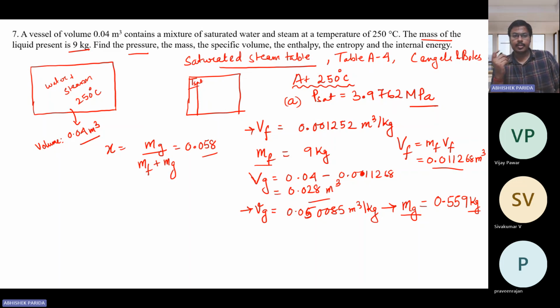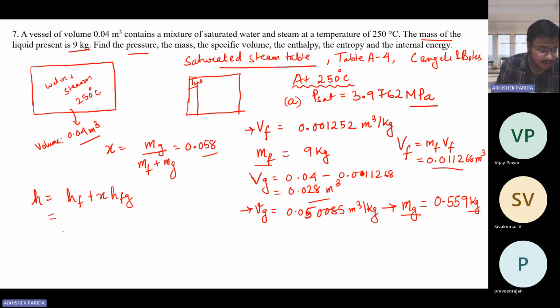Okay. Once that is done, now calculate enthalpy. Enthalpy is equal to HF plus X HFG. So all of these values you can find out from the table.